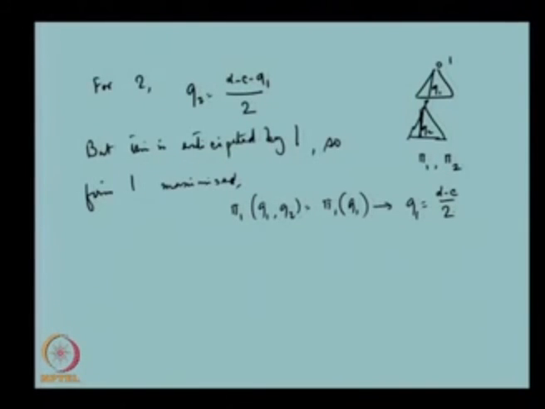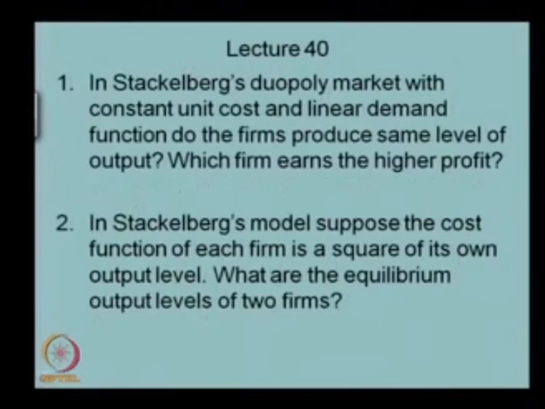So, here player 1, that is firm 1, has some advantage because he can anticipate the reaction of firm 2, and therefore, he earns more profit and produces more output.